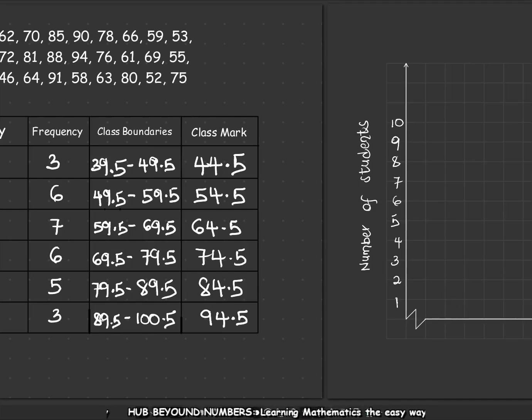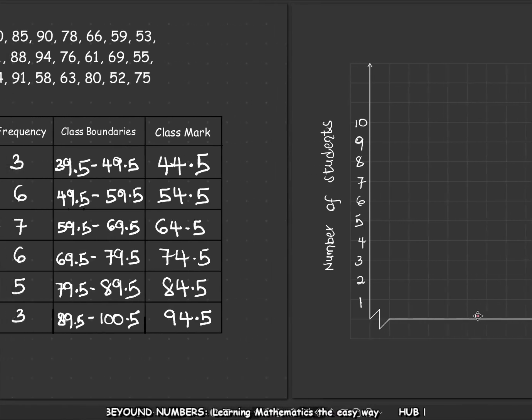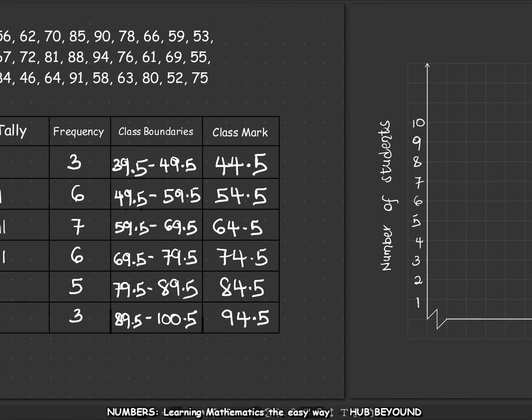Then we come to the x-axis, which is one of the most important things. On the x-axis, we can either put our class boundary or the class mark. I would first walk us through how to use the class boundary, and if we finish with that, we'll come to the class mark.